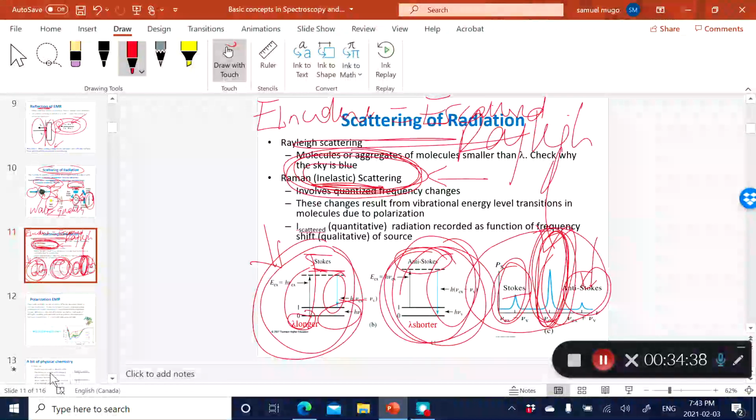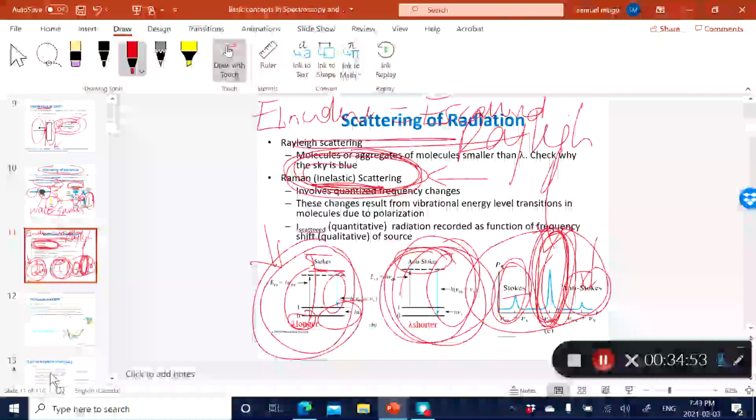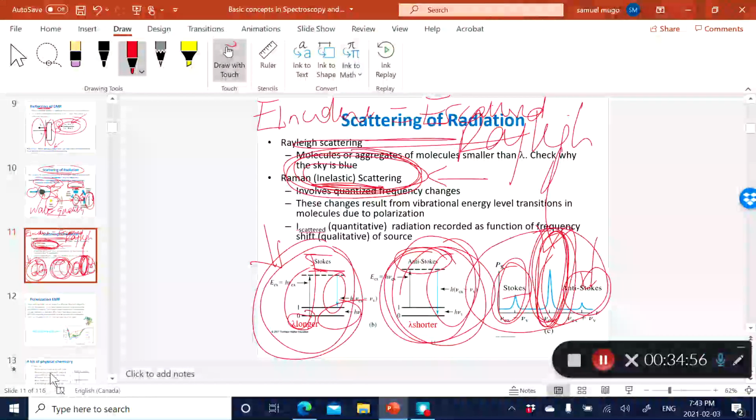Because light from the sun is being scattered by the air particles in the atmosphere, and the blue hue that you see is because of that scattering of radiation.